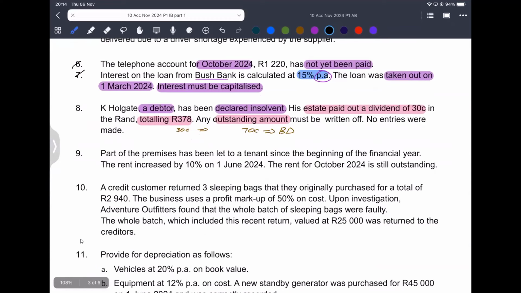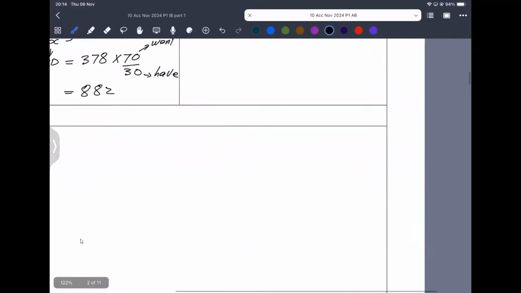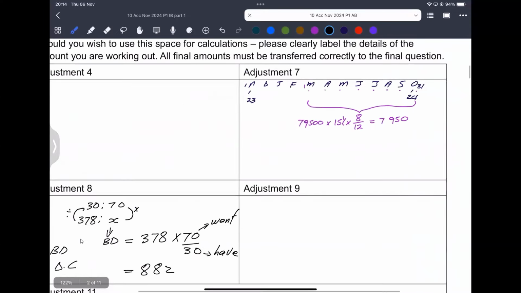Okay. And then it says here, part of the premises has been let to a tenant since the beginning of the financial year. The rent increased by 10% on the 1st of June. I'm going to put that in the timeline that I recorded here. So when is the 1st of June? Rent was increased on the 1st of June, so it was increased round about here.